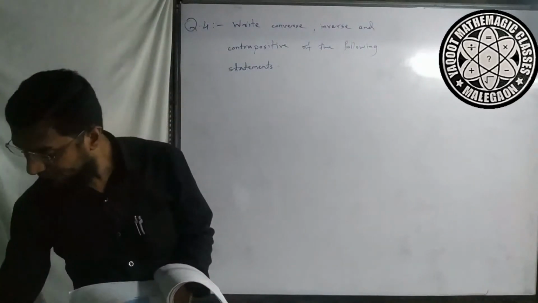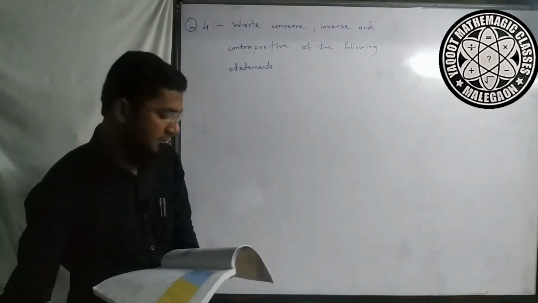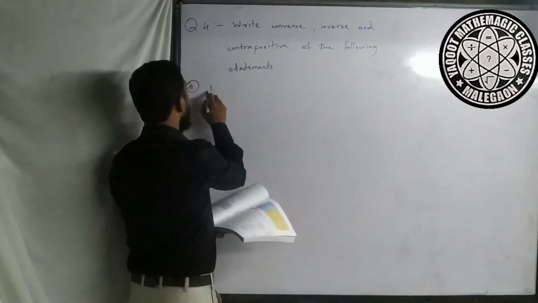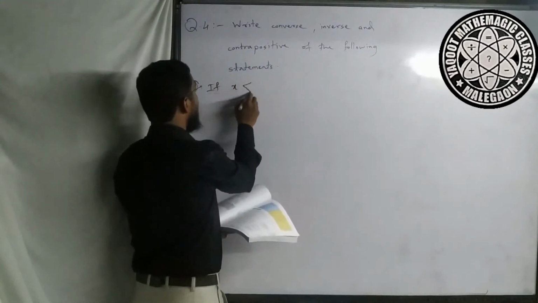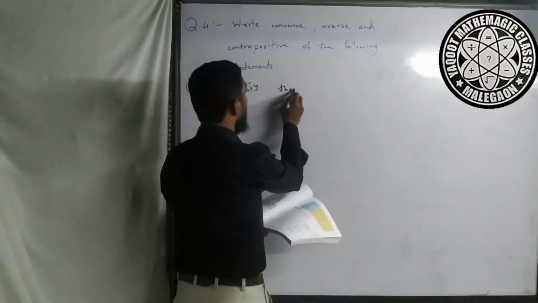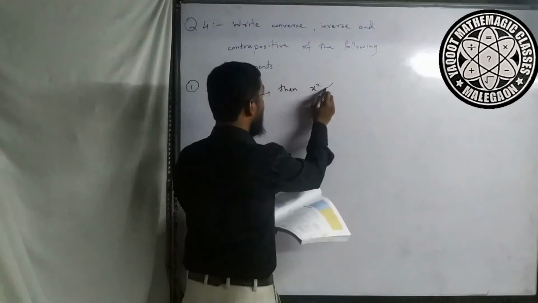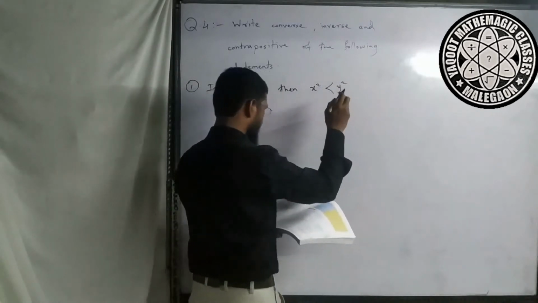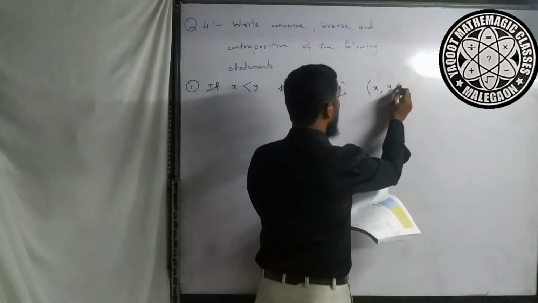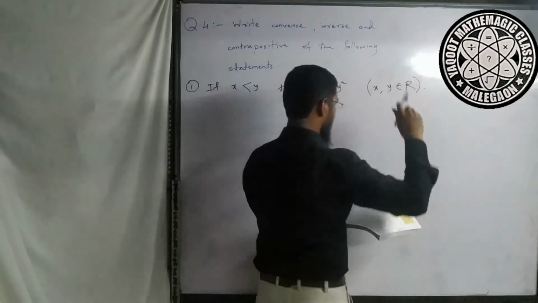Number 1: if x is less than y, then x square is less than y square, for x, y belongs to set of real numbers.